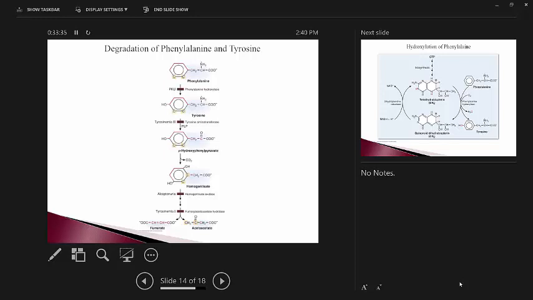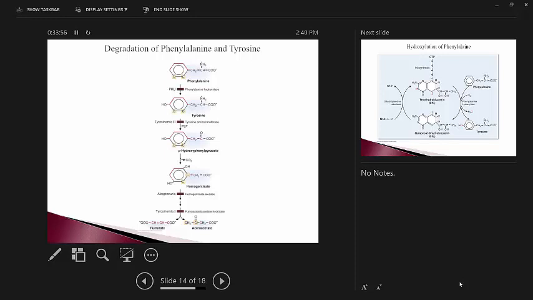It gives you tyrosinemia type 2. So what it's saying is you're going to get tyrosine in the blood, and it leads to neurological defects and may lead to lesions of the eye and other organs.